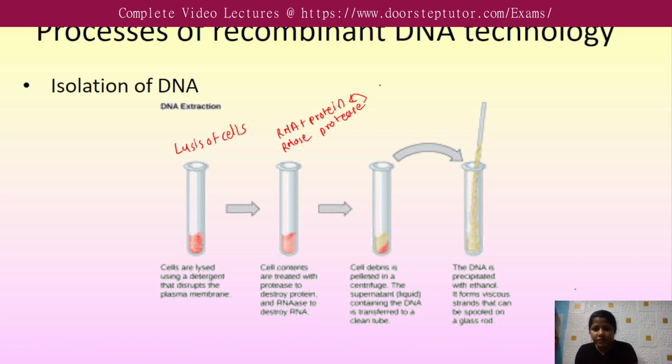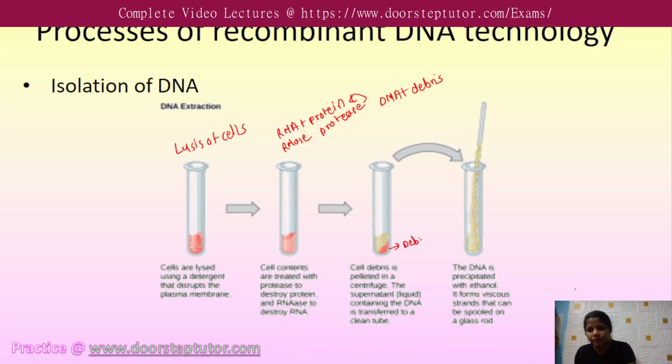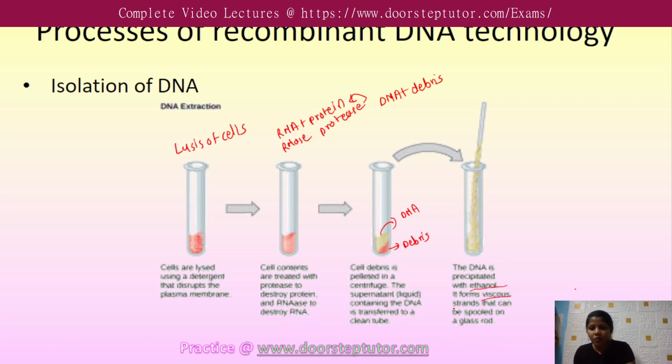After that we centrifuge the mixture of DNA and some debris to separate the two. So the debris will pellet down or settle down, and the supernatant contains DNA. After this, the supernatant will be transferred into another tube containing chilled ethanol, where a viscous strand of DNA will be formed and it will be spooled out. The technique is known as spooling.